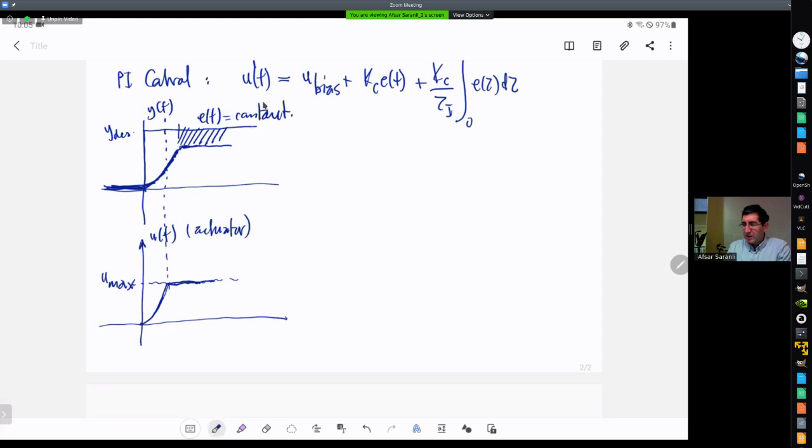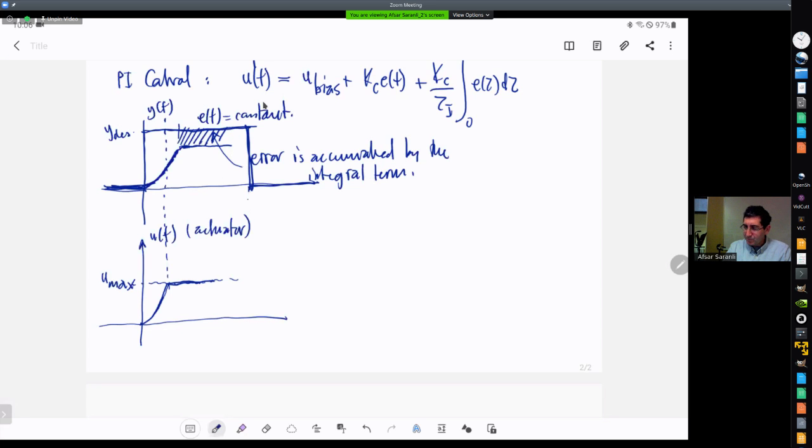Okay, so what happens is that error is accumulated by the integral term. Let's say that the reference input changes sign here. It goes back to zero. So the actual error here becomes negative.